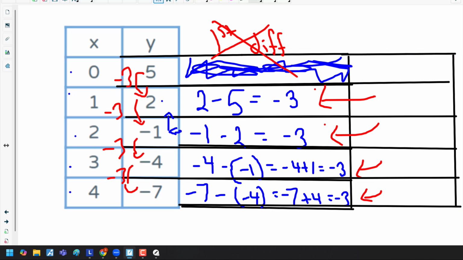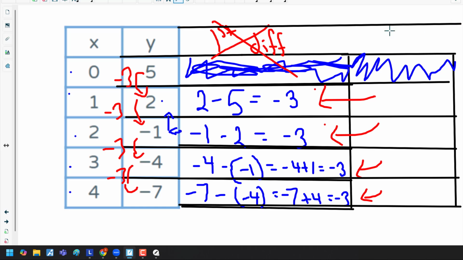But once again, you block out the first one. And just to show you, if you were to copy the table exactly as this, for first differences, you block out the first one. And for second differences, you take out 2 boxes from the top.